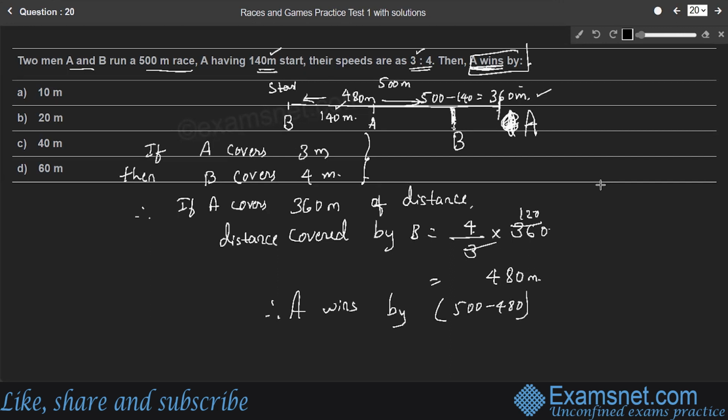Here 500 is the total track distance minus 480 distance covered by B, which is equal to 20 meters. So the distance between B and A at last is 20 meters. So A wins by 20 meters. Option B is the right answer.